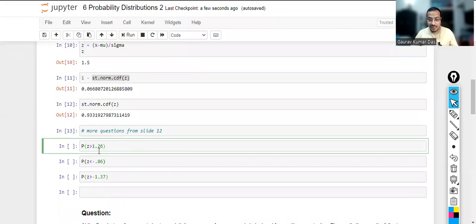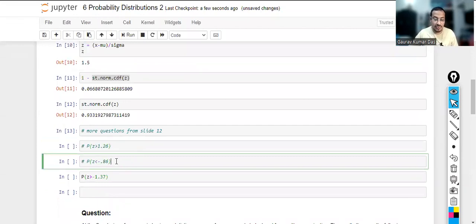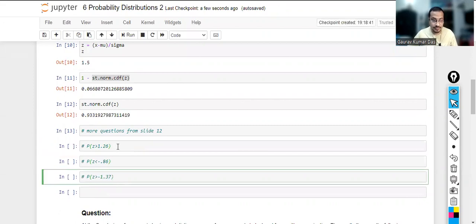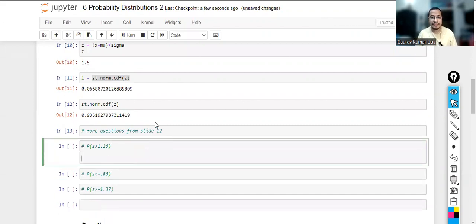So P of Z greater than 1.26. How will I calculate this? Very simple. Of course we have to convert it to 1 minus st.norm.cdf of 1.26.